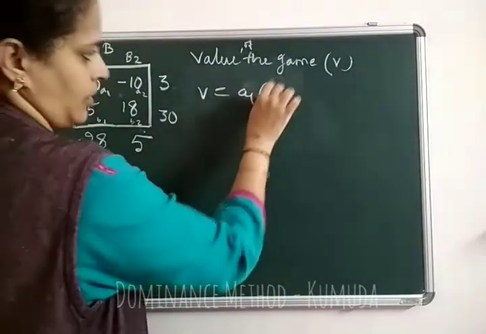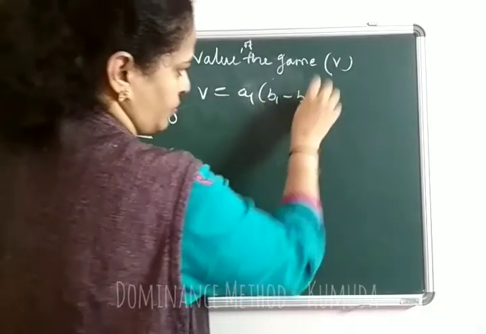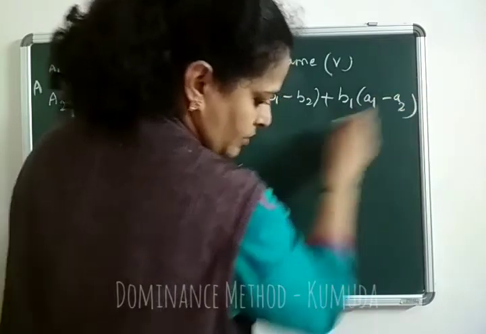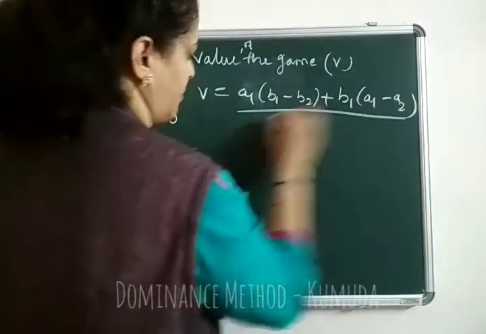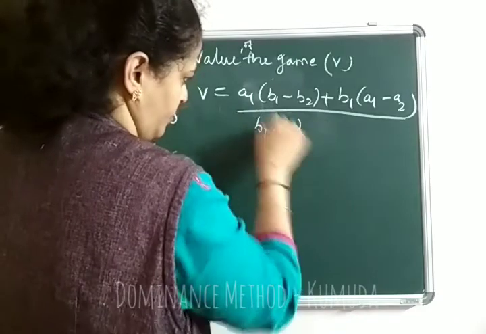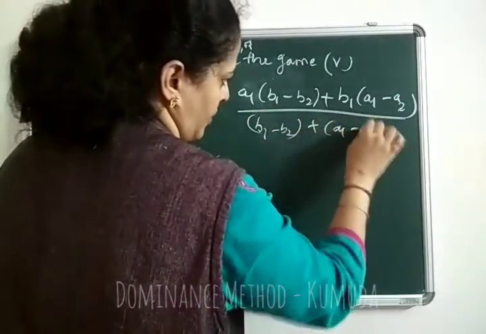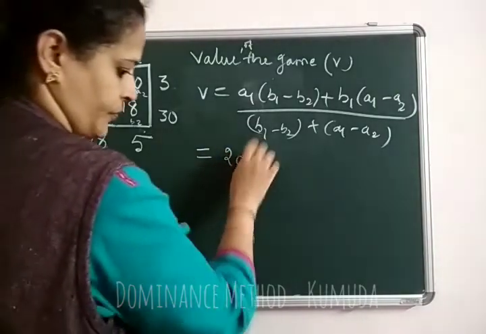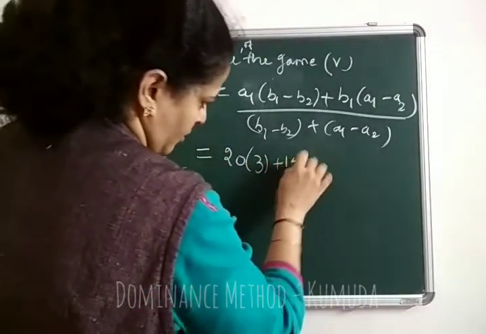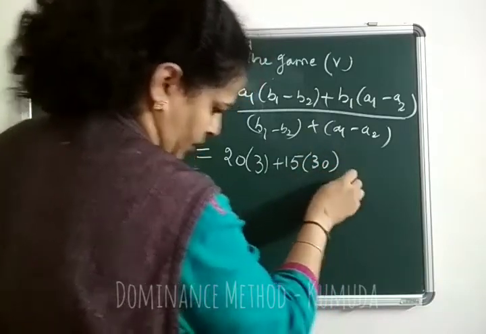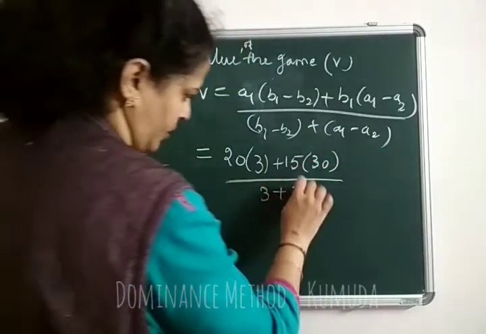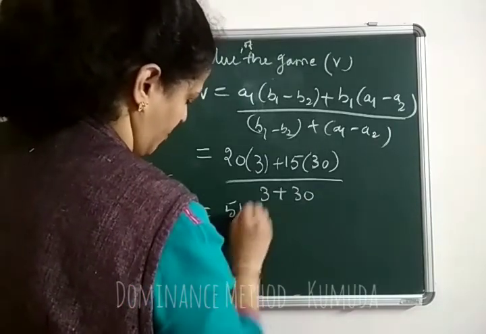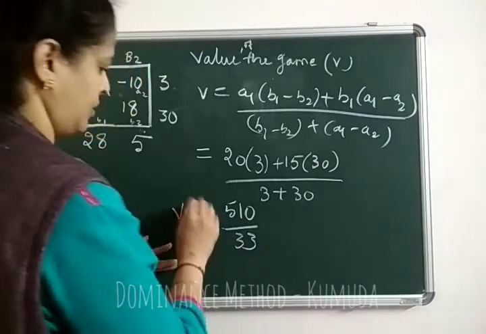It is A1 into B1 minus B2 plus B1 into A1 minus A2, divided by B1 minus B2 plus A1 minus A2. So we can write here it is 20 into 3 plus 15 into 30 divided by 3 plus 30. So this gives us a total of 510 by 33. This is your V.